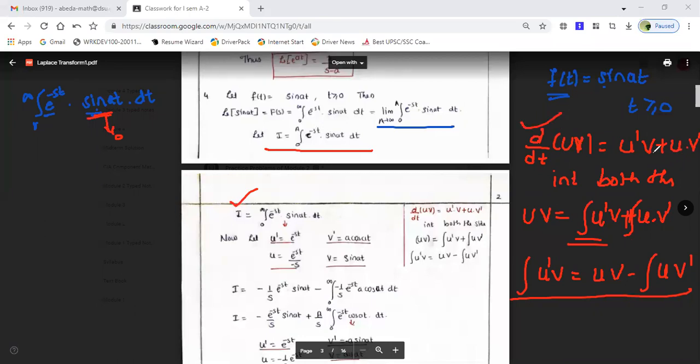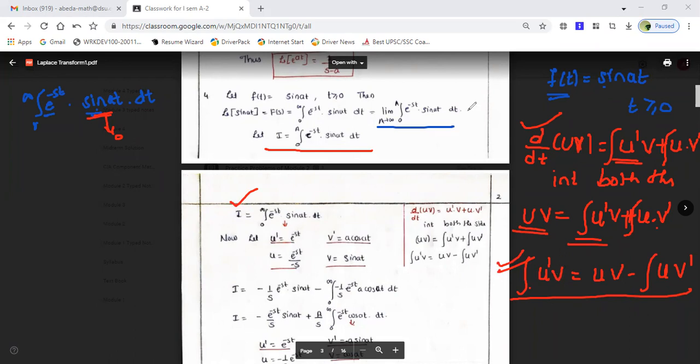You start with this, integrate both sides. By integrating, the differentiation will cancel with the integration, so you just get uv. I want the integration of this term, so I keep it here, and the remaining term I take to the other side. It is uv minus the integration of uv dash. Okay, so this is what we want now. We're going to use this particular formula.